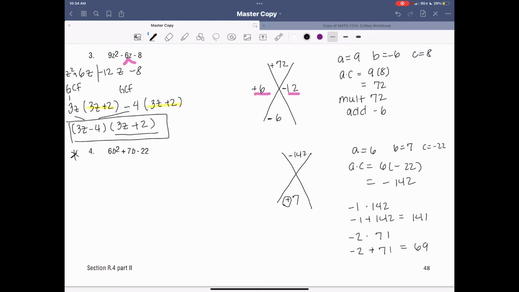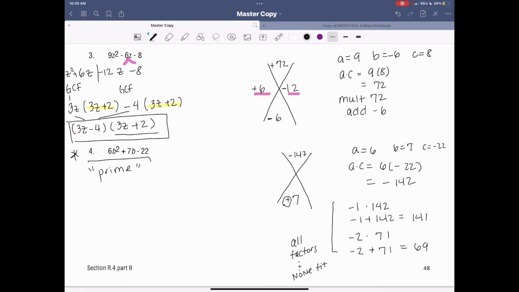So if you can't find any factors, so this is all the factors, and none fit, then we call this prime. So in this case, this whole equation is only divisible by 1 and itself.